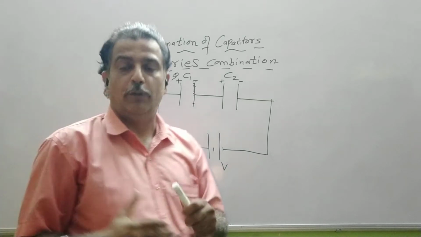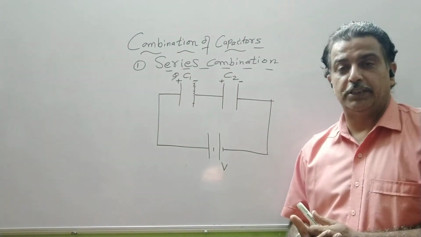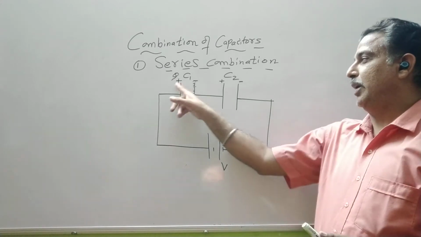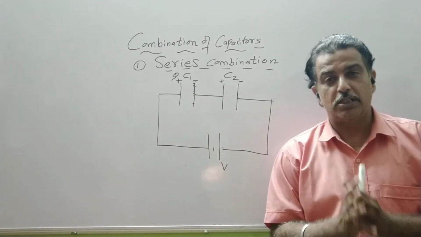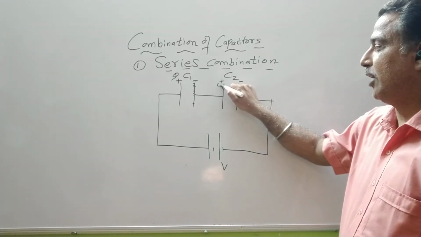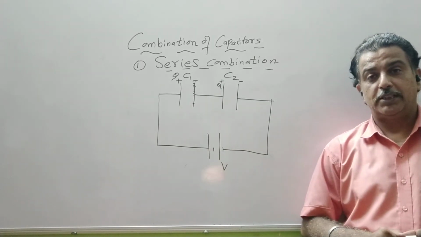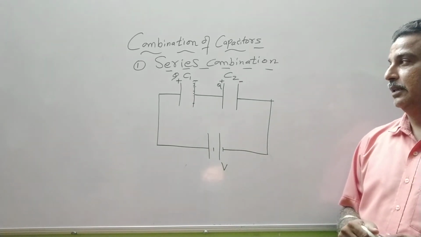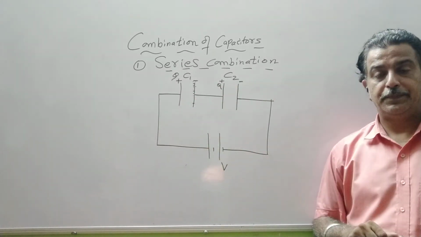So in a series combination, the plates are alternately positive and negative: plus minus plus minus. Because the total charge of the capacitor should remain 0, the charge on this capacitor is also Q. So in a series combination, the charge remains constant.